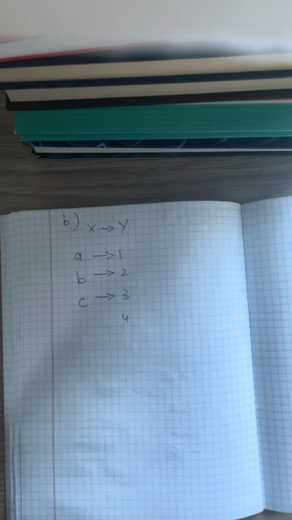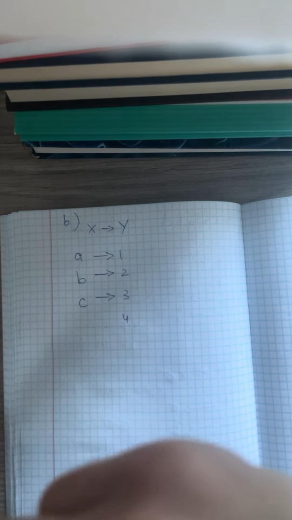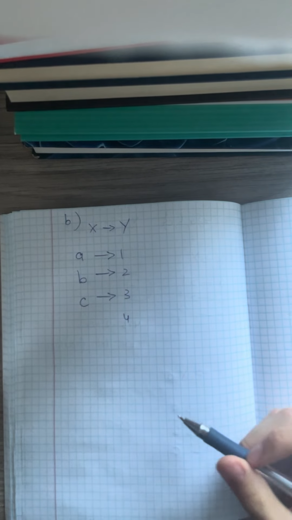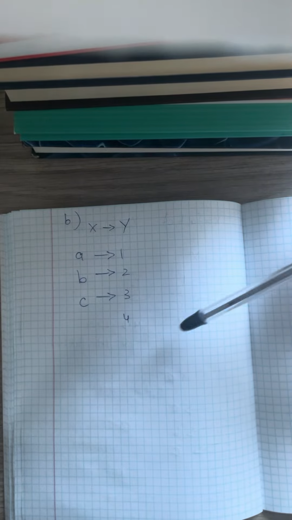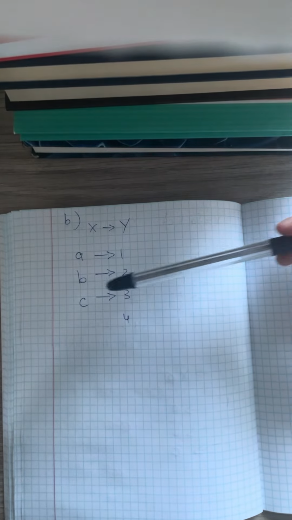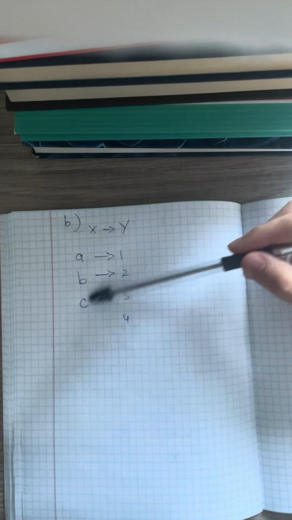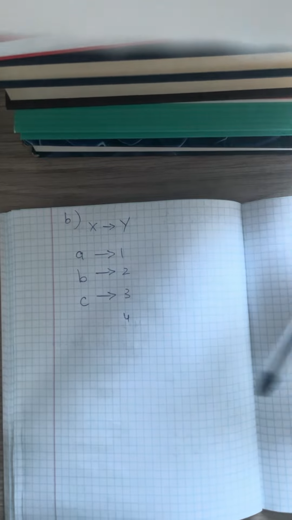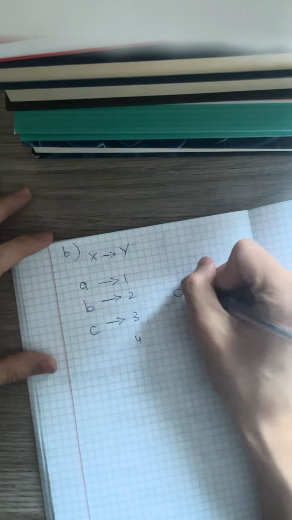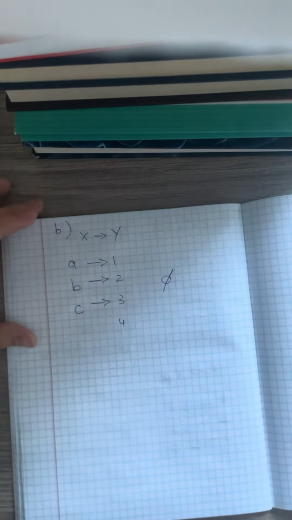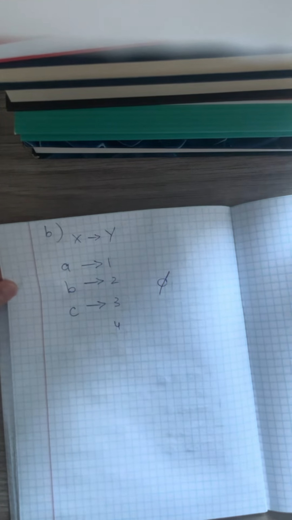To be an onto function, the function must cover all 4 elements from Y. But we can't do this since we have only 3 elements from X, so it will be impossible. So there are 0 onto functions.